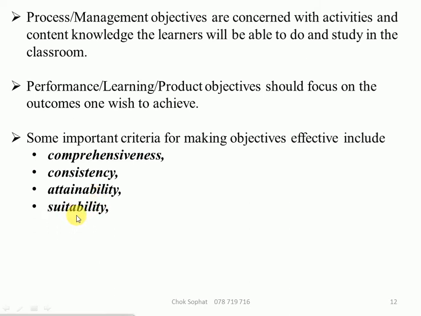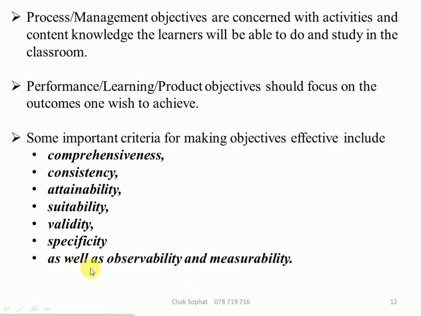Suitability is suitable for the technique for the lesson. Okay, validity, must be valid. Specificity, must be specific, as well as observability and measurability. So your objective must be specific, observable, can be observed, can be measured.